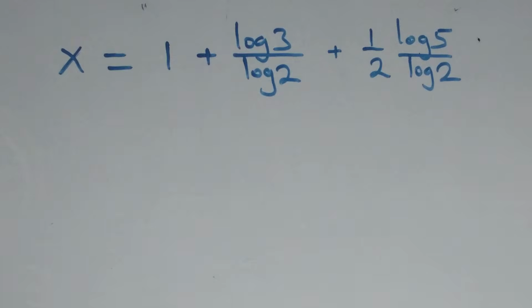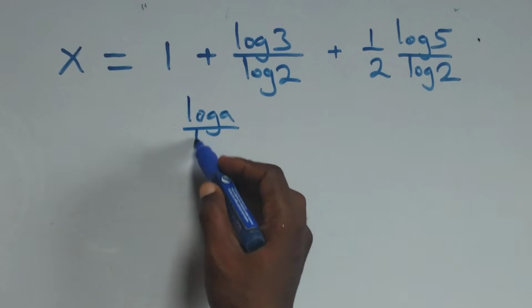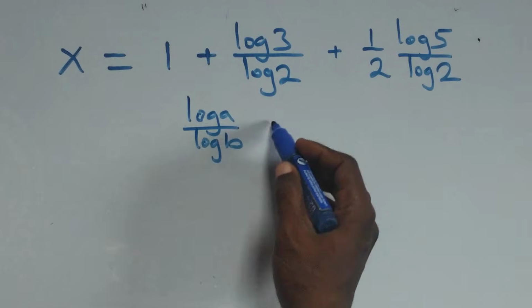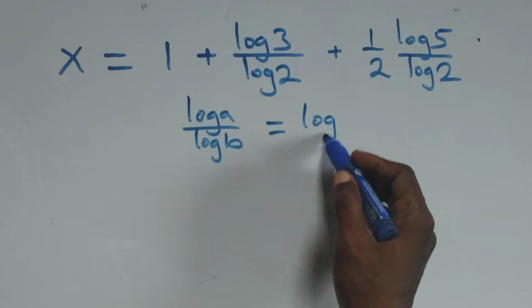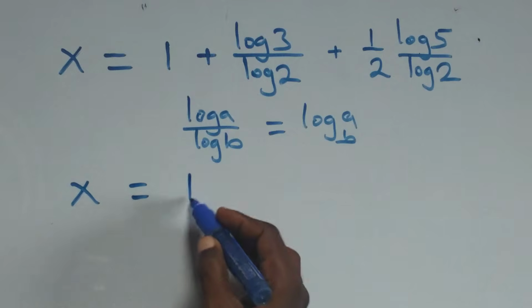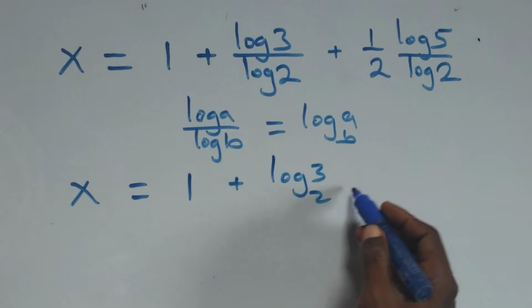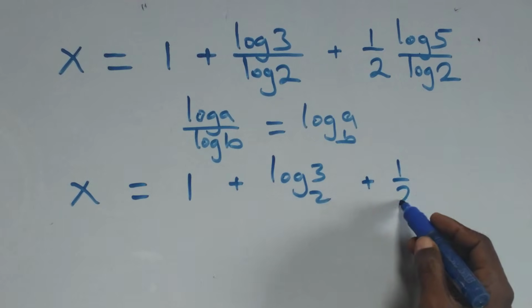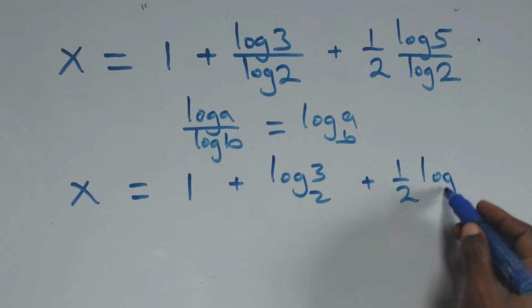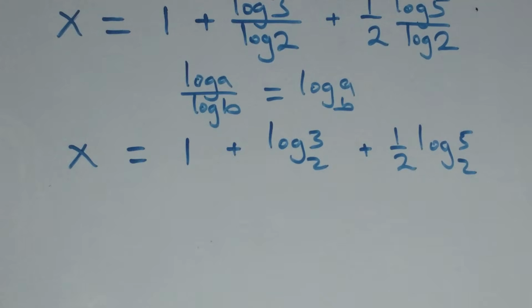Then applying change of base, when we have log a over log b, this is the same thing as log a to base b. So here we have x equals 1 plus log 3 base 2 plus 1 over 2 log 5 base 2.